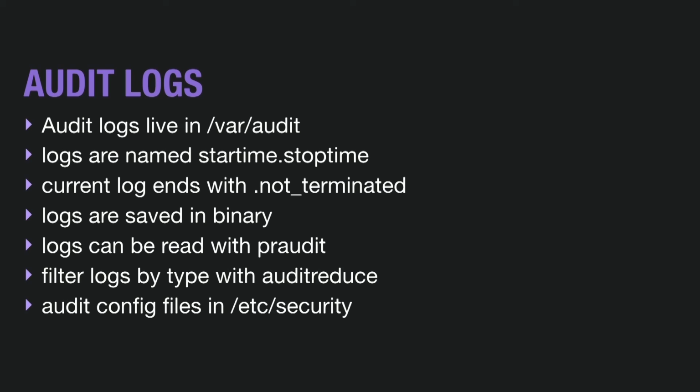Logs are saved in binary, again, but instead of using system log or syslog to read these, we have a new tool called Audit. And we can filter those the same way we can, say, opening the console and doing a search. But we've got a command line tool for that called Audit Reduce. And there's some configuration files in etc security that we'll take a look at.